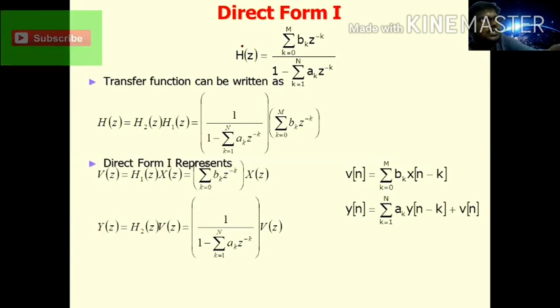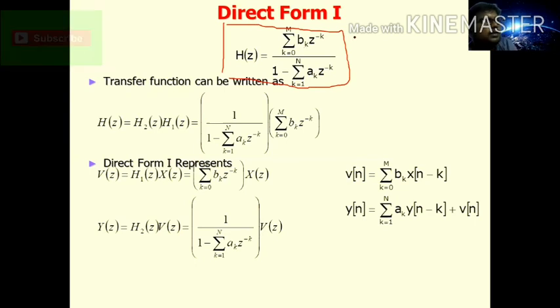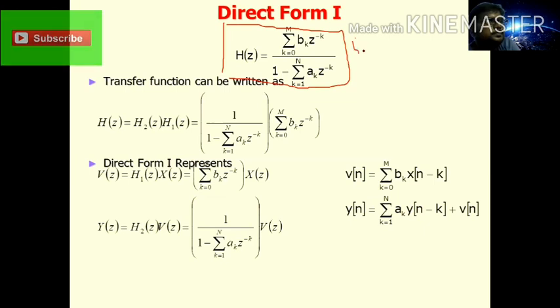See, this is your system transfer function. H of z equals summation b k z power minus k divided by 1 minus summation a k z power minus k. While you expand the summation, the numerator term becomes, first, b naught z power 0.